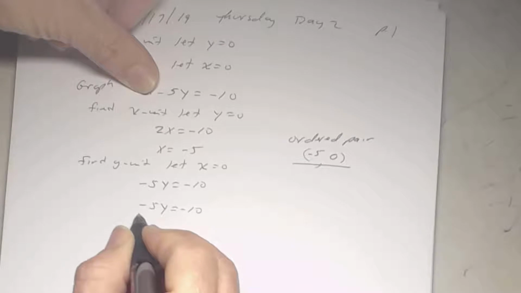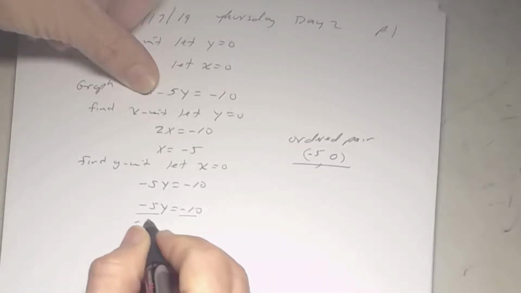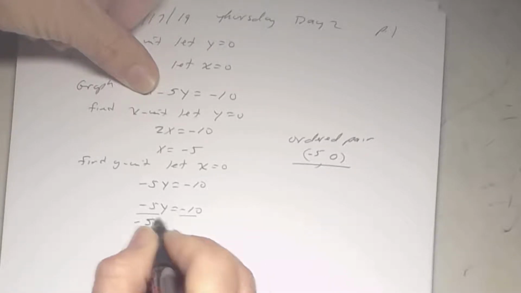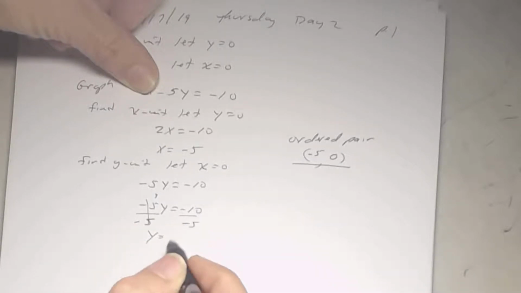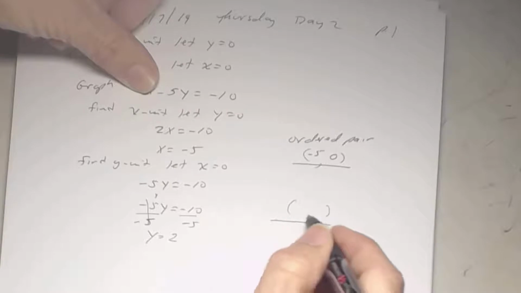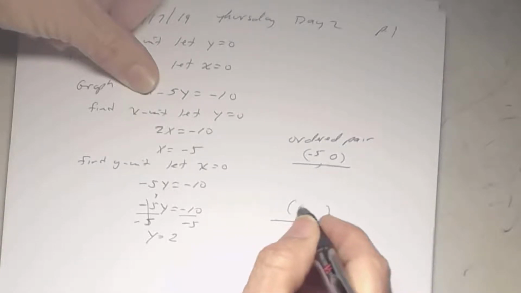To get y by itself, you can divide both sides by what? -5. -5 divided by -5 is 1. 1 times y is y. And what's -10 divided by -5? 2. So as an ordered pair, what is the y-intercept? 0, 2. All right, 0, 2.